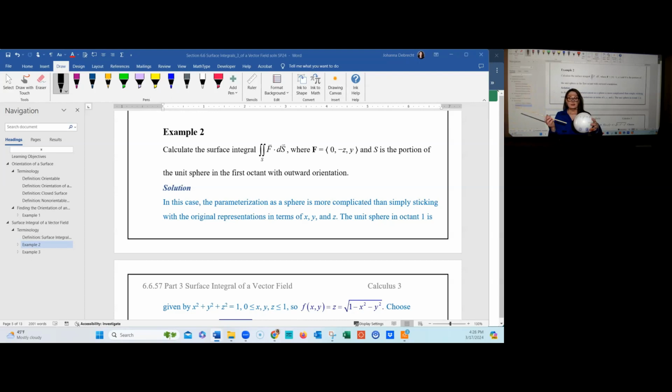So let's consider a sphere. It's a closed surface completely enclosing the solid ball, which means that the normal vector points out of the ball. In this case, this would be the normal vector. Now let's suppose that we only want to consider the part in octant 1. Remember positive y is this way, positive x this way, positive z this way.